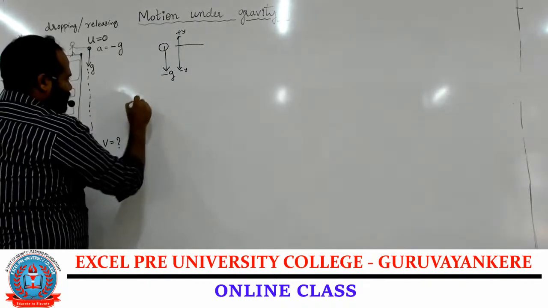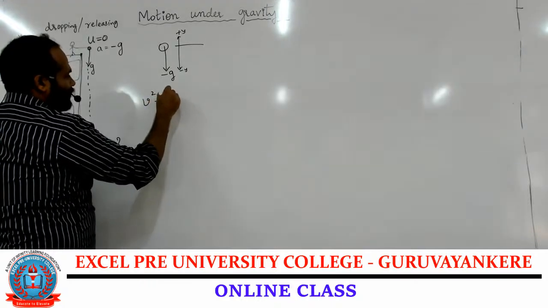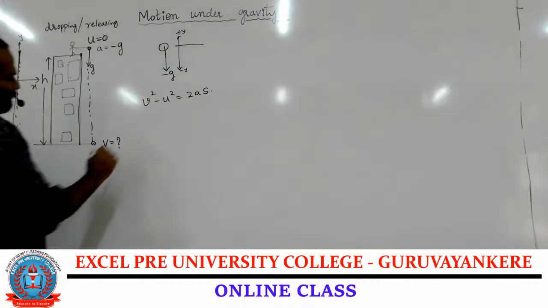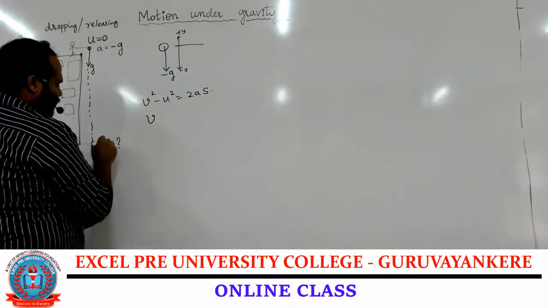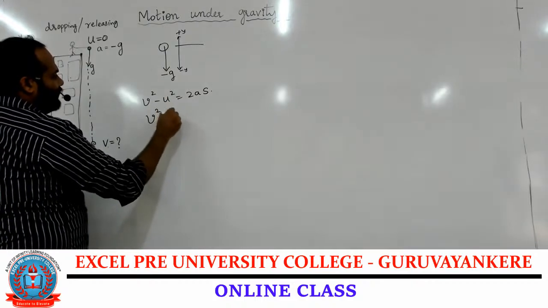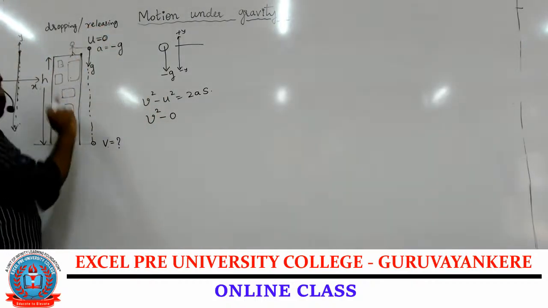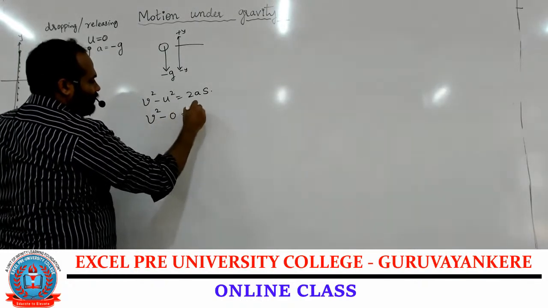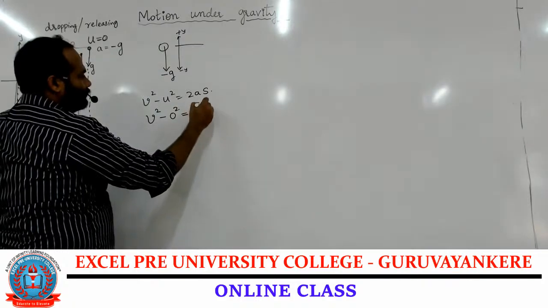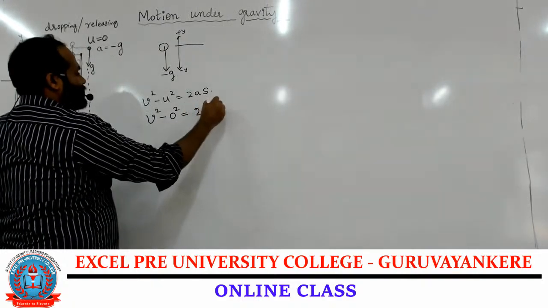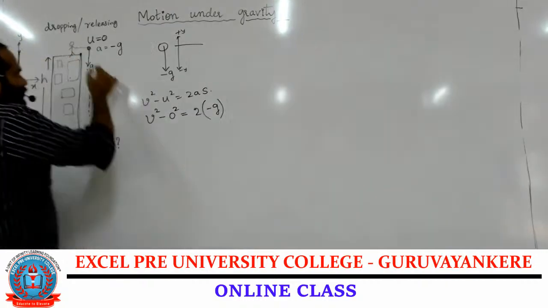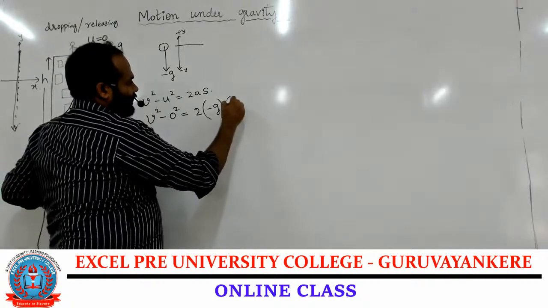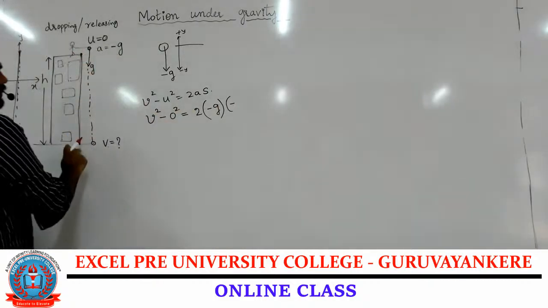So the velocity with which it will hit is given by v square minus u square equal to 2as. Now we have to calculate this v. Initial velocity is 0, because it is just released from the top of the tower. So v square minus 0 equals 2 times acceleration minus g, because it is acting vertically downwards along the negative y-axis, times height minus h, because from the top you are coming down.